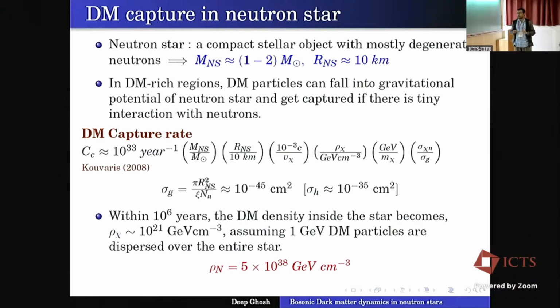So let's say we wait for 10 to the power 6 years, and we assume 1 GeV dark matter particles. If these dark matter particles are dispersed over the entire volume of the neutron star, then the density is 10 to the 21, whereas the neutron density is 10 to the 38. So even if I wait for the entire age of the universe, it cannot reach up to there.